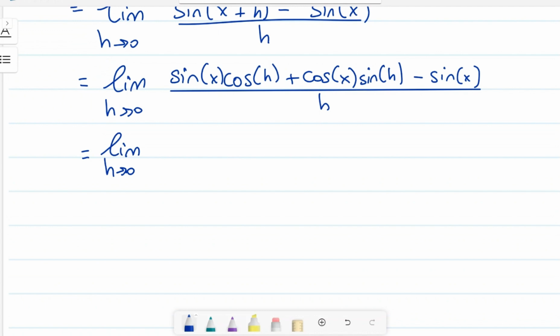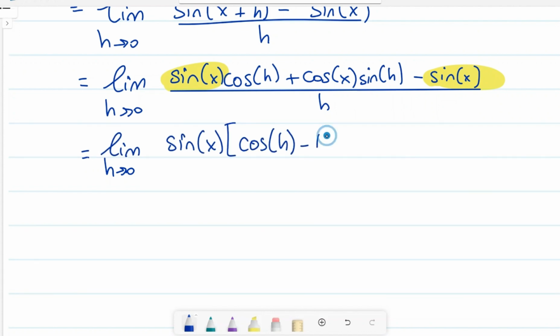I can factor out, as you can see, there's a sine x here and a sine x here. I can in fact factor out the sine x. So this becomes sine x times cos h minus 1. And this term here stays the same, plus cos x sine h, divided by h.